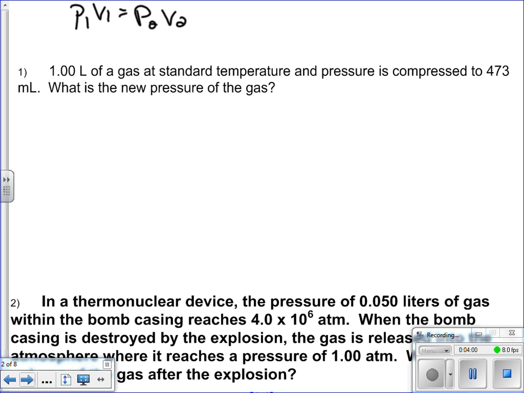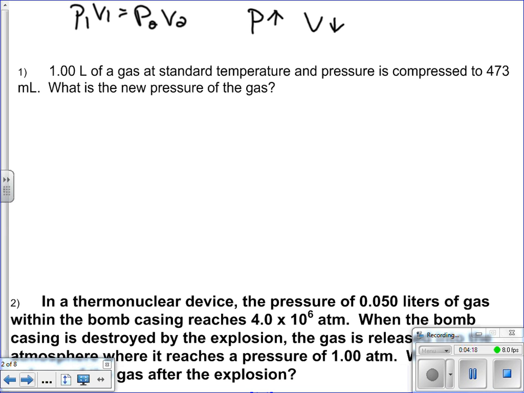We want to make sure pressure is in atmospheres, volume is going to be liters. And we can look at this too. If we're multiplying, then that means that if our pressure increases, our volume is going to decrease. So we need to look at that when we get to our answers to make sure it matches up.